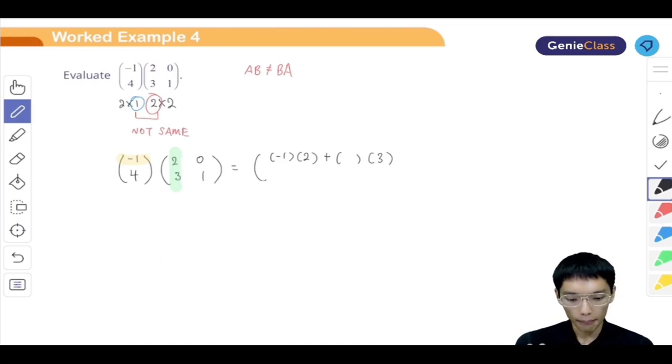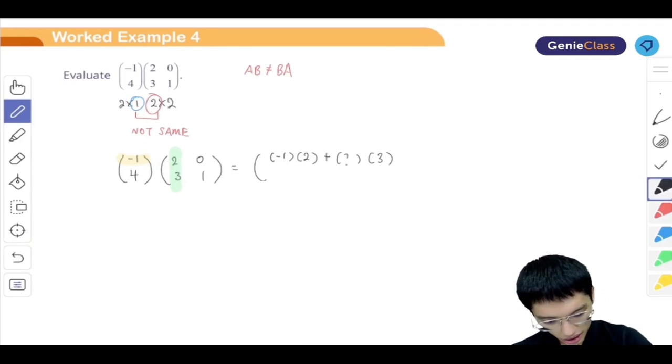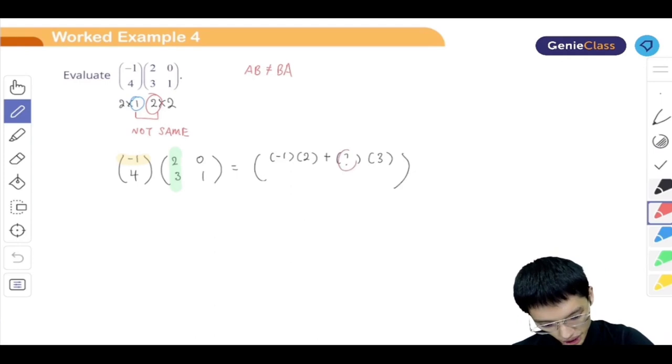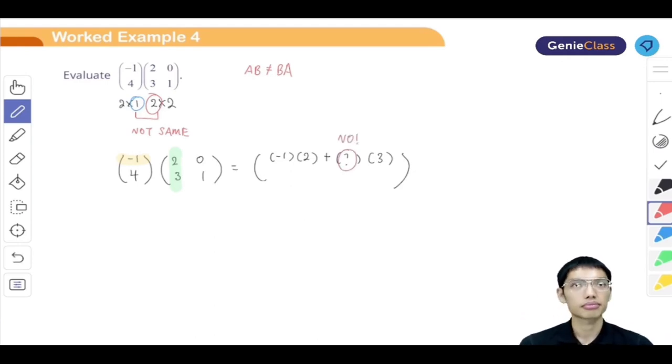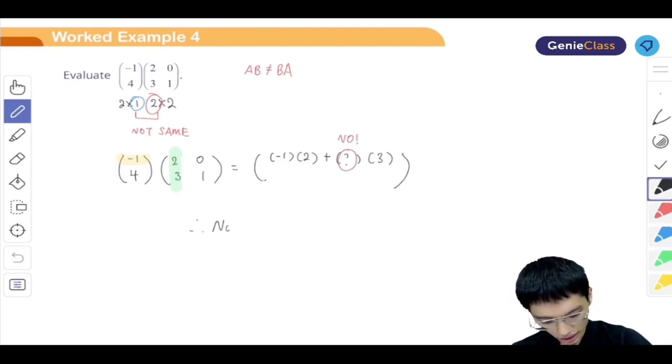There is no number row-wise in my first matrix. There's only one number that I can multiply here. But for this number, it's lonely. There's no number to multiply to. A very big question mark over here. The answer is there is no such number. So, for this, there is no solution.